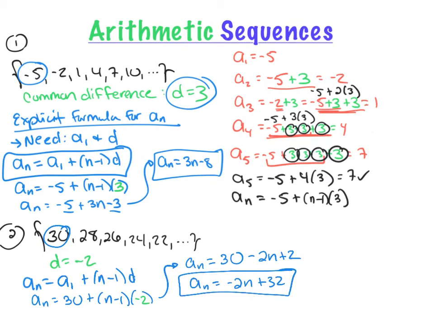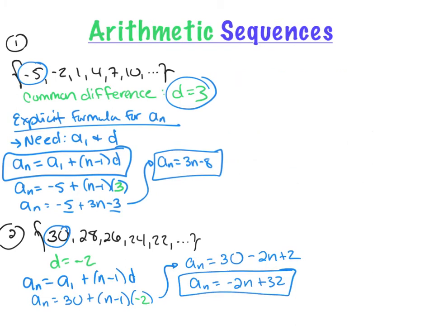Okay, some really cool things I'd like to point out here. First interesting thing to point out, in the explicit formula, notice how you have a linear equation. A sub n is 3n minus 8, or negative 2n plus 32. That should feel really similar to y equals mx plus b, because it is. It's a linear equation.